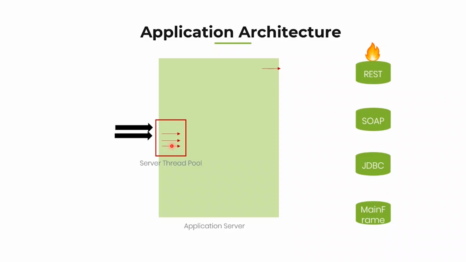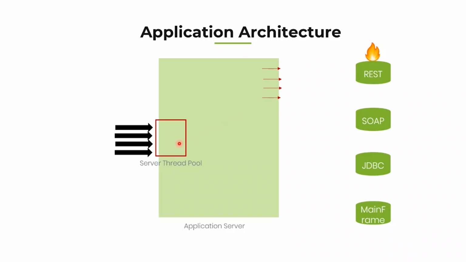Now let's say another request comes, and a second thread is taken from the thread pool and tries to make a connection with this external REST-based system. It's not responding, so this thread also gets stuck. Similarly, as new requests come, the threads go and get stuck.